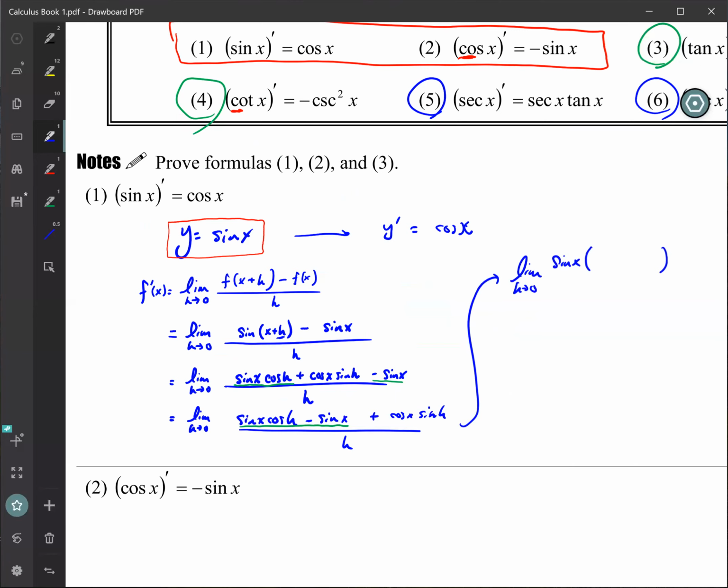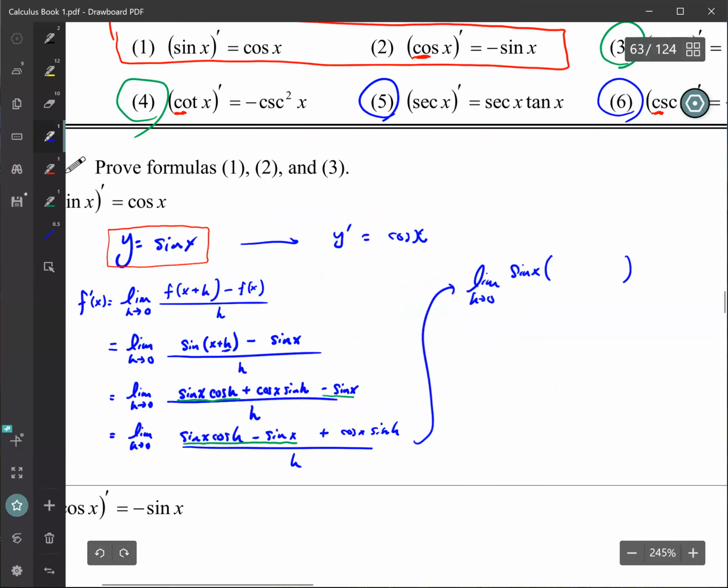All right, Jeffy, what do we have if I take out sine x? You have cosine h minus 1. Yep. Okay, and then outside we have a cosine x times sine h, and then they are all over h.